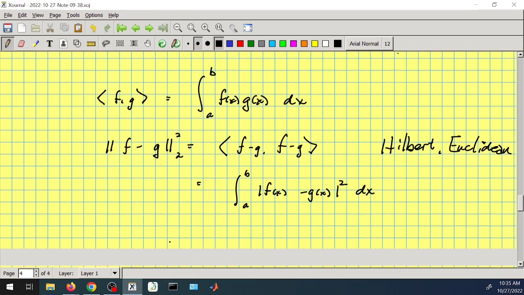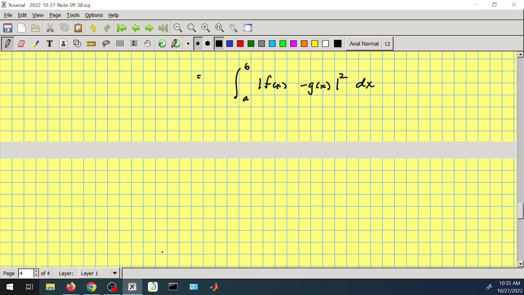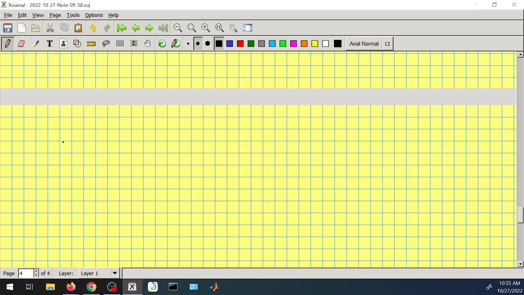Okay. Now, we talked about other norms. Remember, in Rn, we had the 2 norm, which was induced by the inner product of U and V. And this was the sum of the products of the corresponding elements.